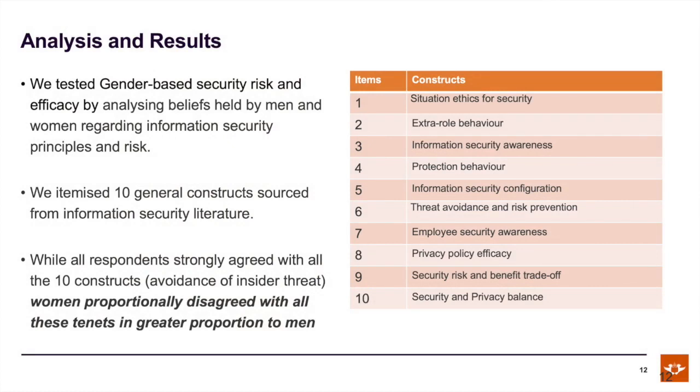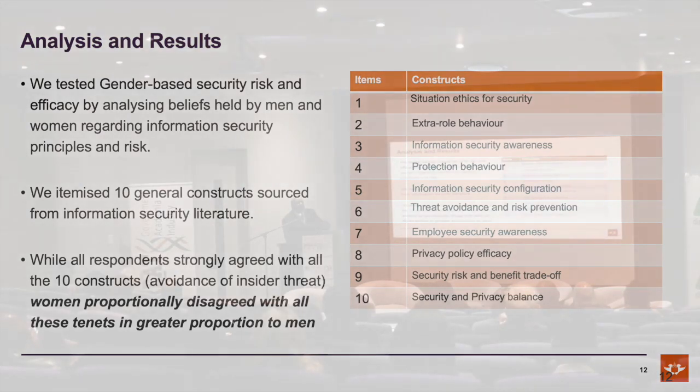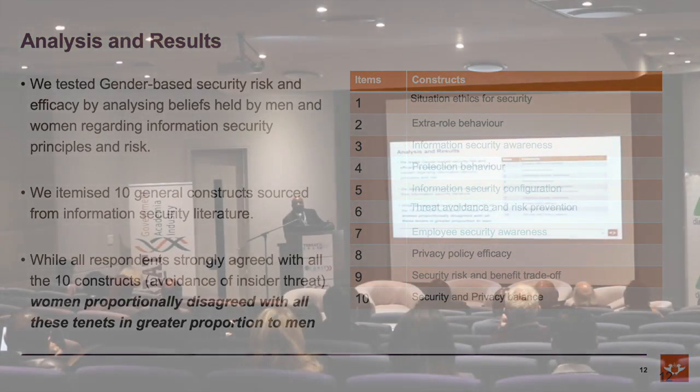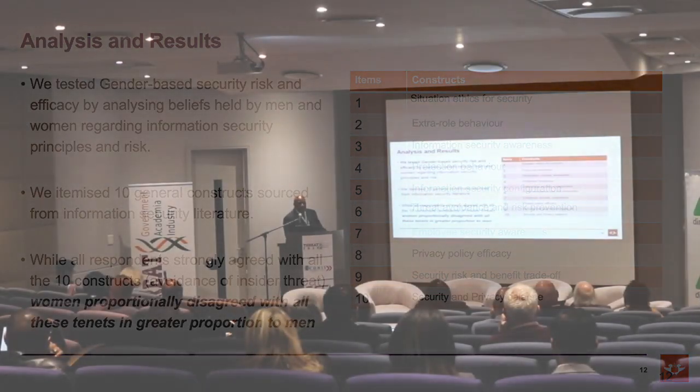In our findings, we realized that everyone understands this, but women tended to be more neutral towards this. We wanted to figure out why women aren't assertively expressing their efficacy as men do.